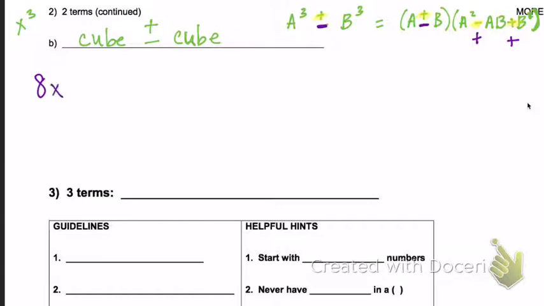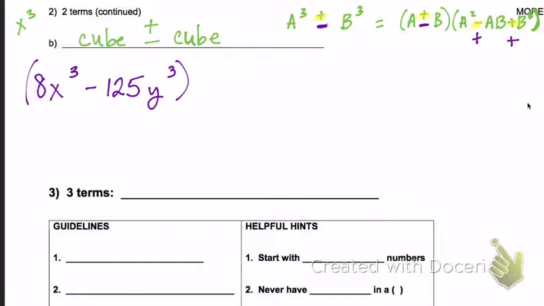So I have 8x cubed minus 125y cubed. Here I have two cubes. My 8x cubed would be my a, my 125y cubed would be my b, and it is a minus sign. So I'm going to use the signs of the purple.